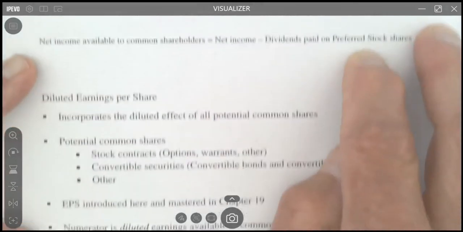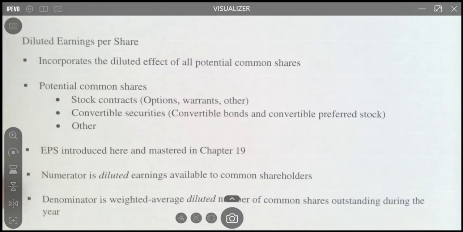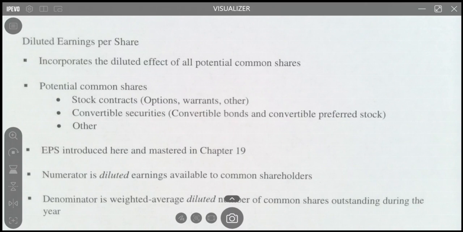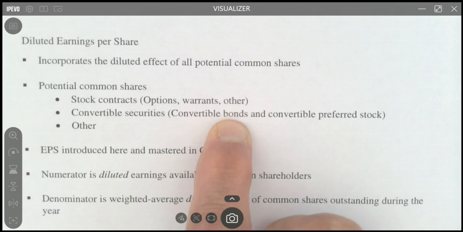We also provide something called diluted earnings per share. This number incorporates the dilutive effect of all potential common shares. What do we mean by potential common shares? These are stock contracts, such as options, warrants, and other contracts. Or maybe they're convertible securities, convertible bonds, convertible preferred stock. In the case of convertible bonds, they're currently bonds paying interest to bondholders.